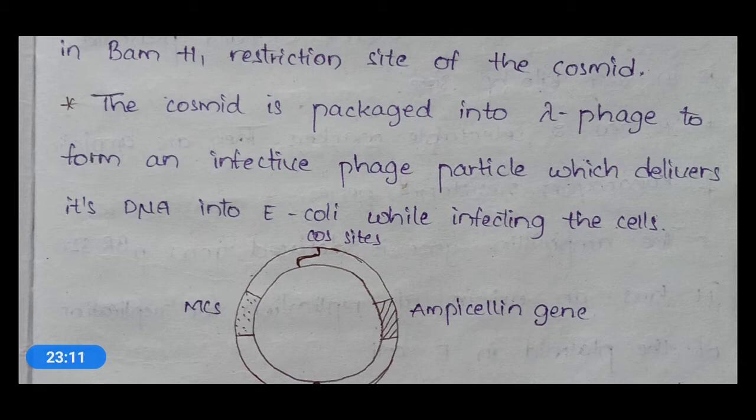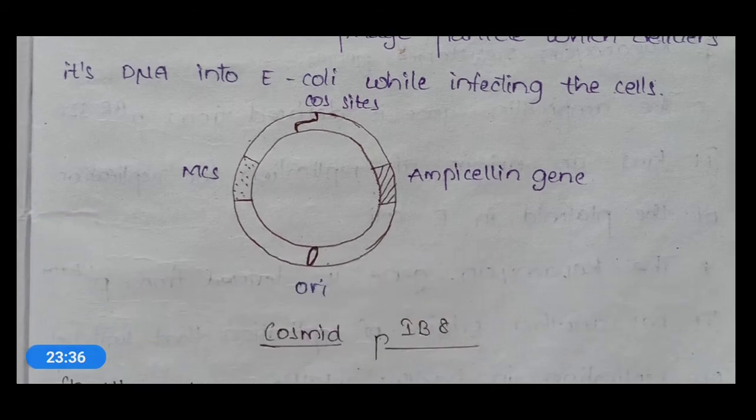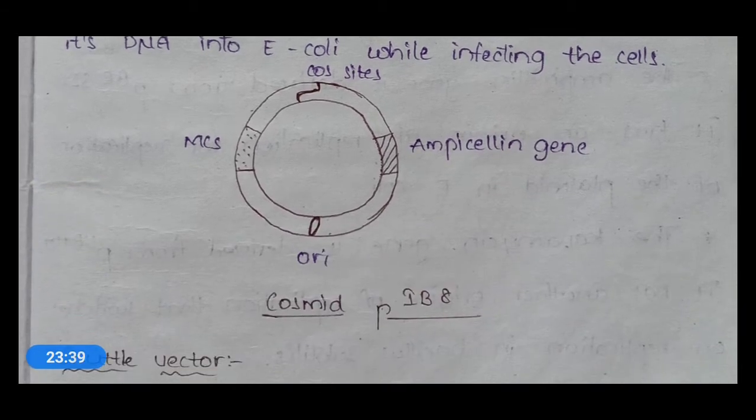So by this infection process, this particular cosmid is packed into the lambda phage, and this will infect the E. coli cell, and during its infection it will release this particular desired gene into the E. coli. Okay, so this is the major concept. Here this is the pJB8 cosmid which will carry the ampicillin resistance gene.